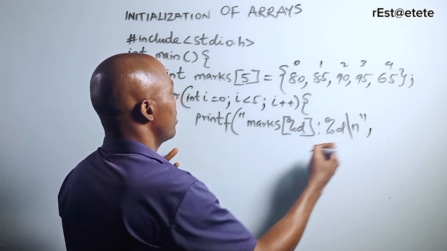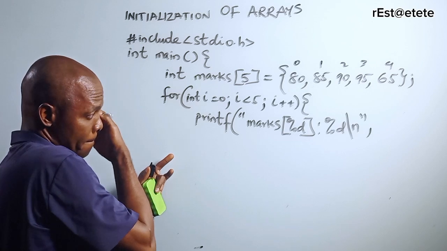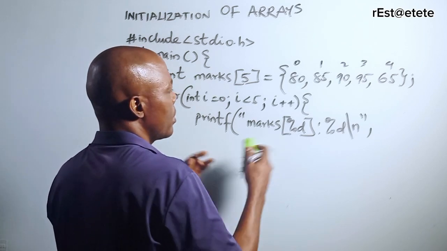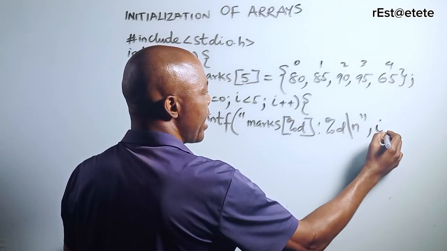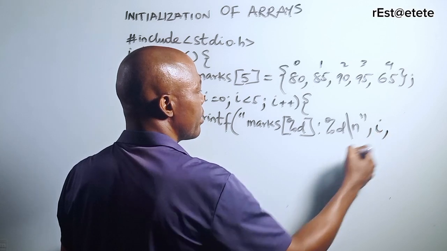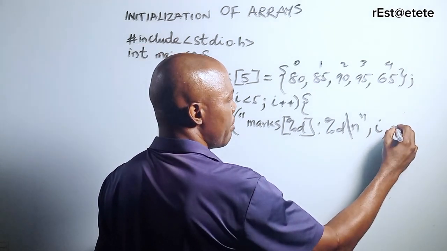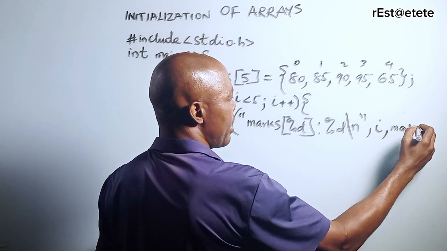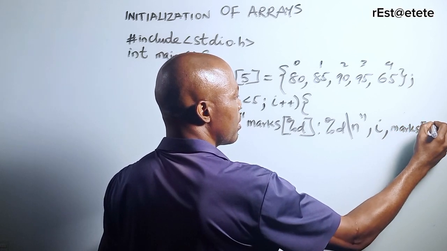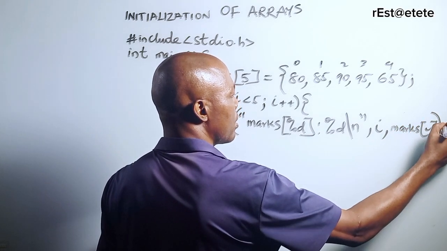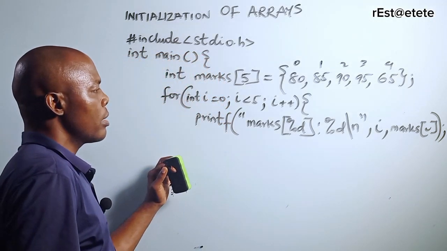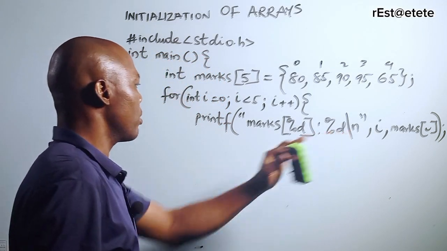Then for this one, I will supply i. And then for this one, I will supply max. Right? So that is how I'm going to do it.